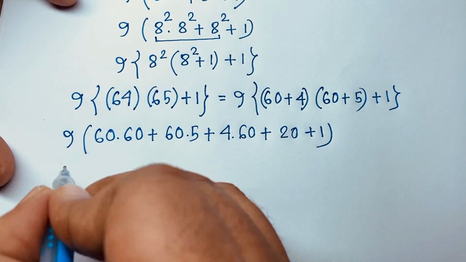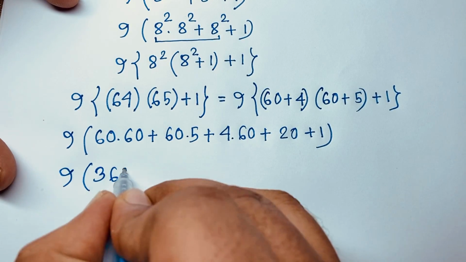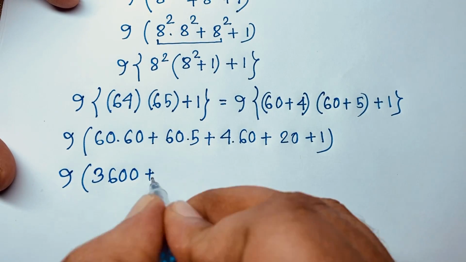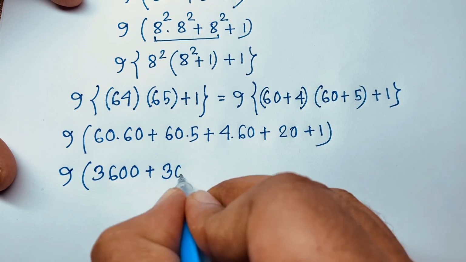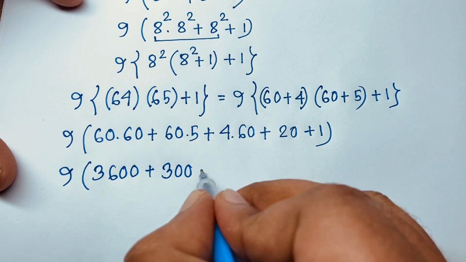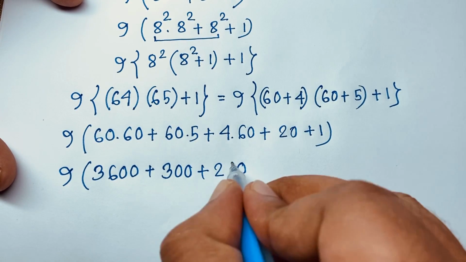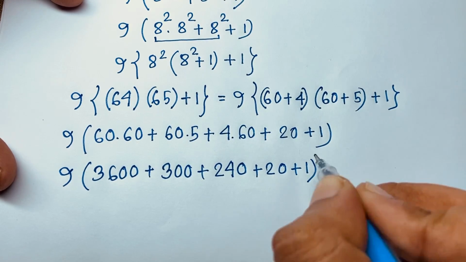Now you can see 9 times, 6 times 6 is 36, and 60 times 5 is 300. 5 times 0 is 0. 5 times 6 is 30, plus 4 times 0 is 0. 4 times 6 is 24, and here is 20 plus 1.